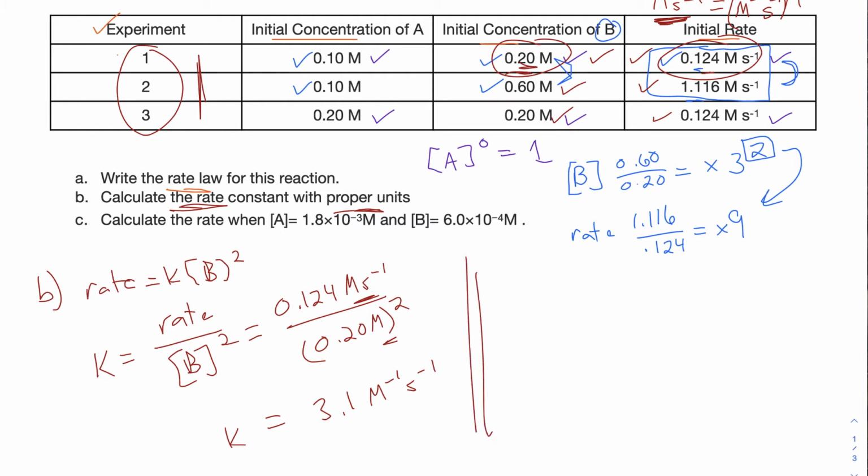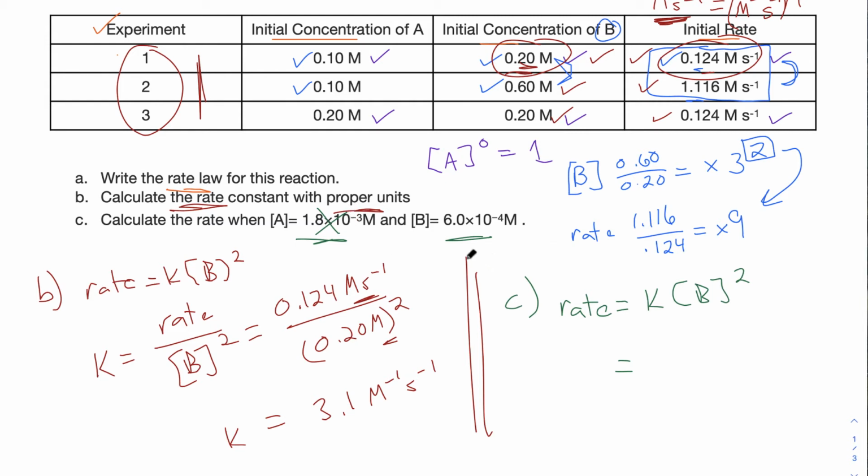And then finally, for C, this is sort of a classic setup as well. You have a new scenario with new concentrations of A and B, and we want to know how fast the reaction is going to go. We have values for all of these terms, and we simply plug in the new value for B. In this particular problem, I had to put a concentration of A here because I didn't want you to know that A was 0th order.